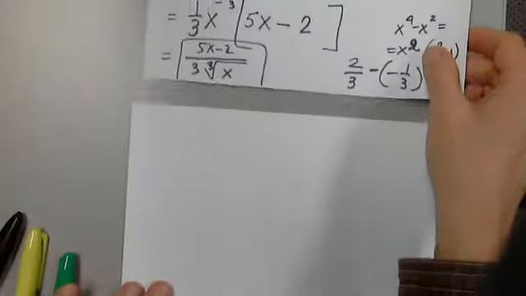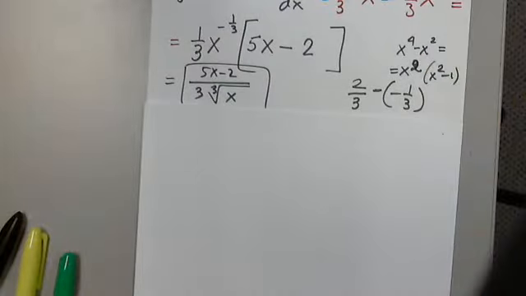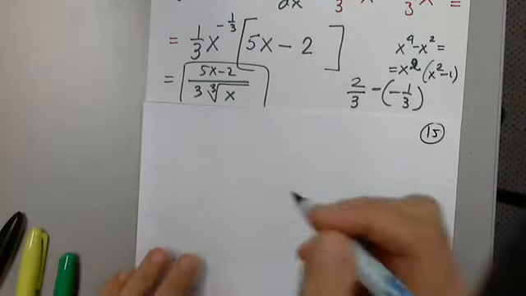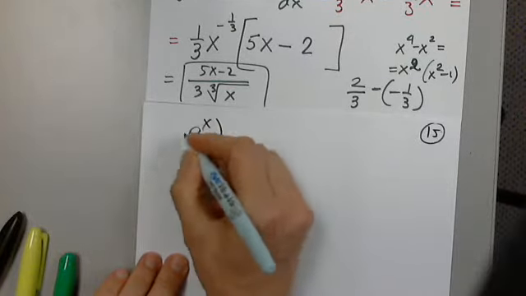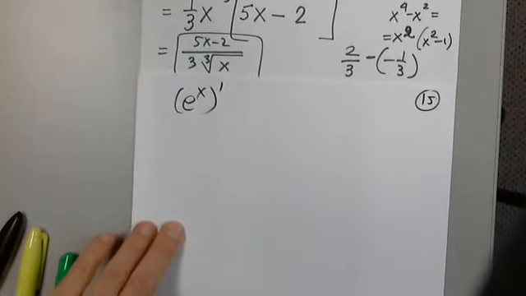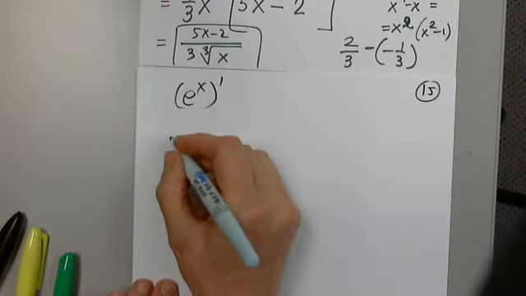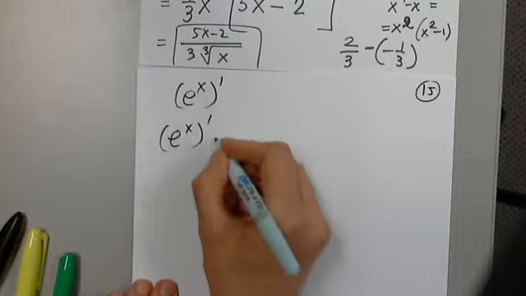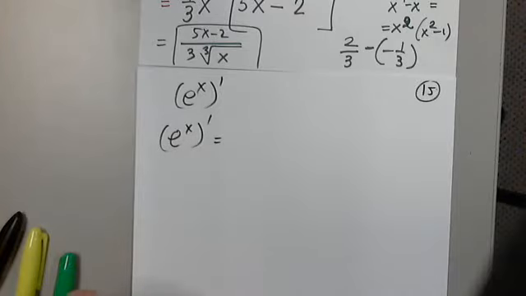I just want to show one little thing and we're done. I would like to determine the derivative of e to the x using the definition. Can anyone give us e to the x prime using the definition?